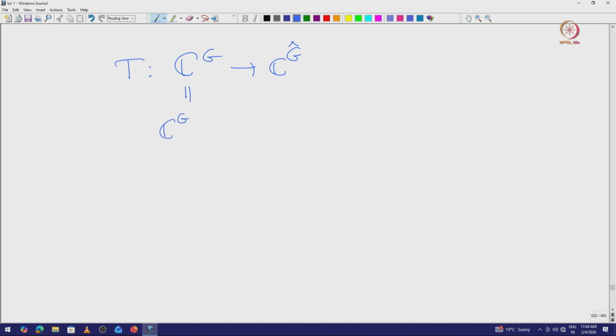This is CG with addition and the convolution product star. Here we take CG hat with addition and the pointwise multiplication.